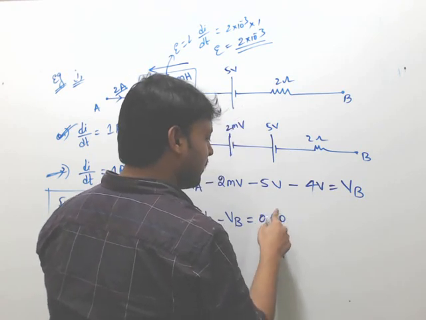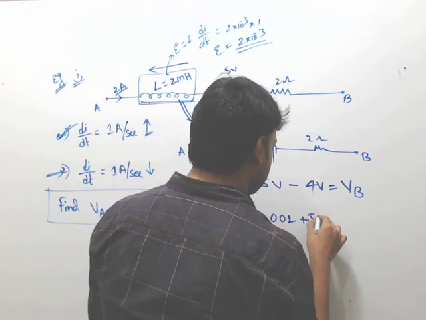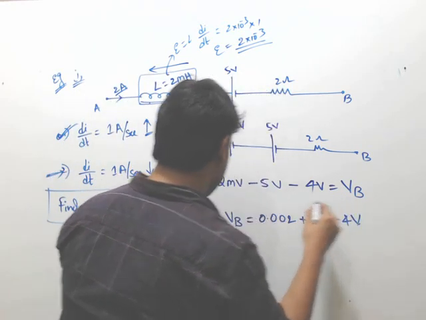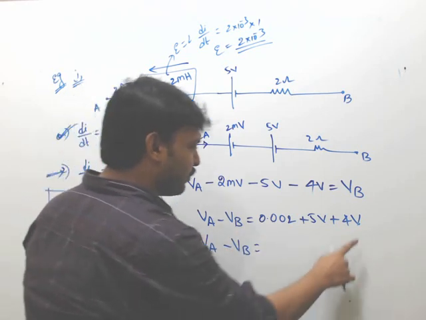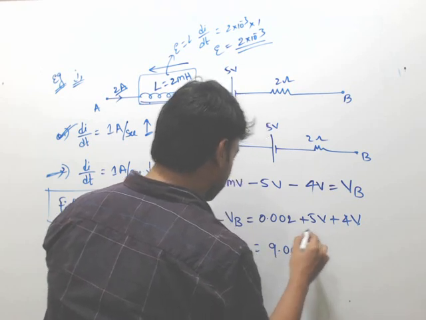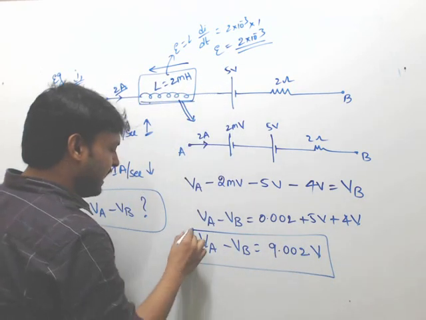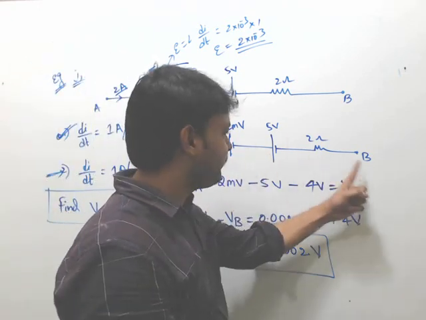So plus 5 volts and plus 4 volts. So finally VA minus VB equals 9.002 volts. So this is the potential difference between A and B.